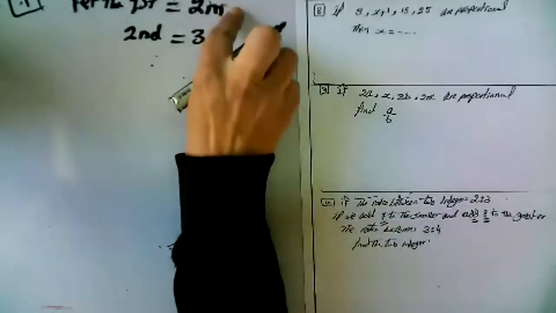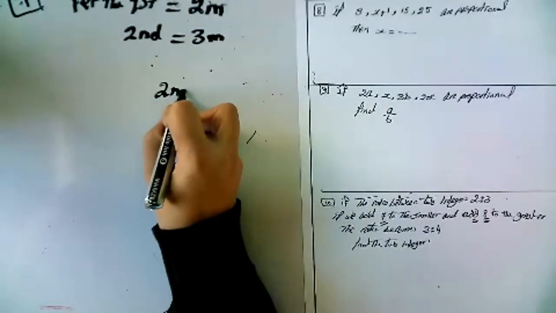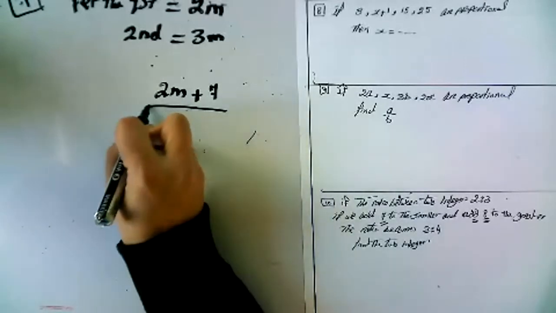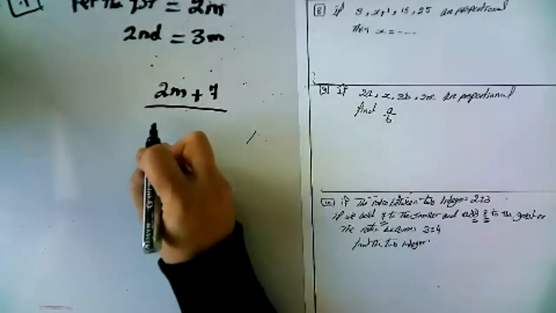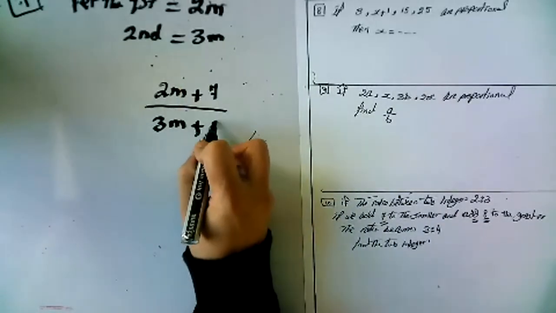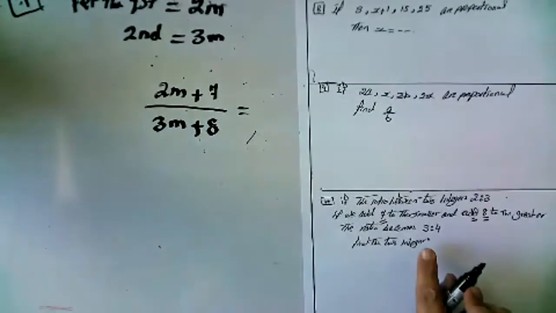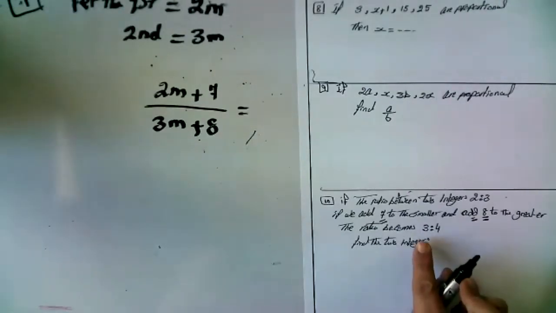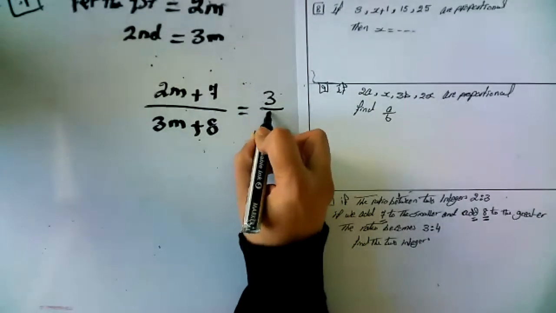We will add 7 to the smaller to be 2m plus 7, and we add 8 to the greater, 3m plus 8. The ratio will be changed into 3:4. The new ratio between the two integers is 3:4.